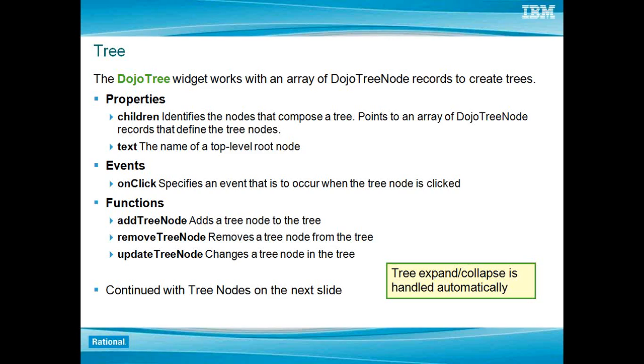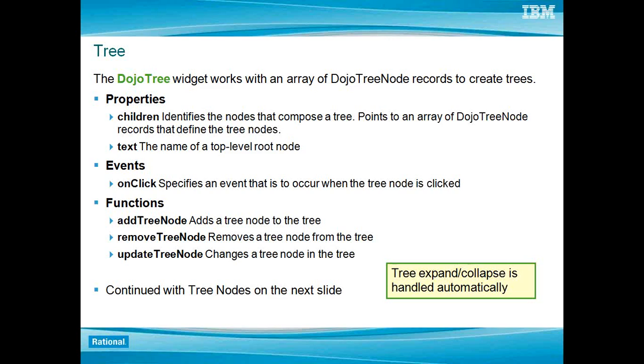We have another important widget here. It's a Dojo tree widget. For example, if you want a tree available on your page, then you can use this Dojo tree, through which you specify the number of children that will be shown as nodes of this tree, like parent node, child node and grandchild node, and in this way you can have a hierarchy within this tree.